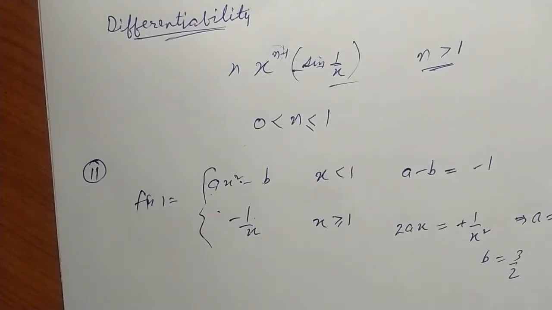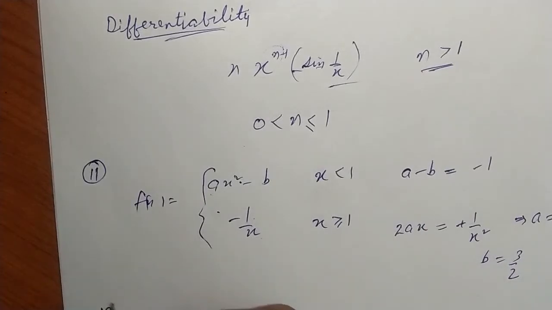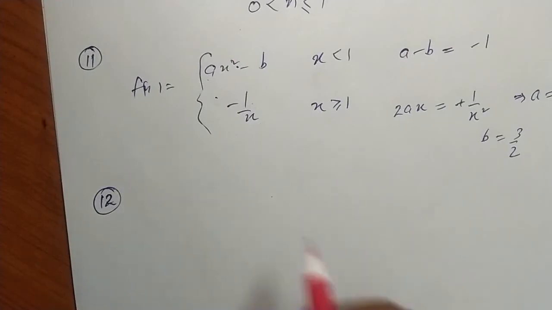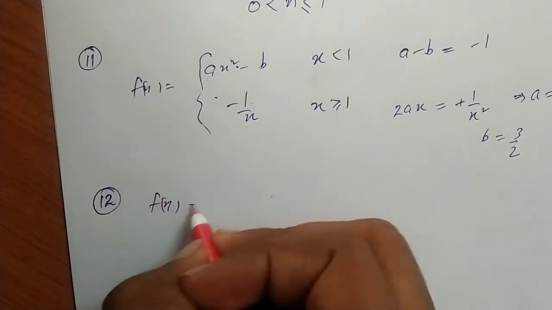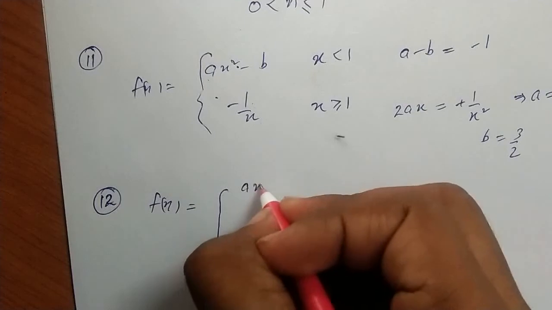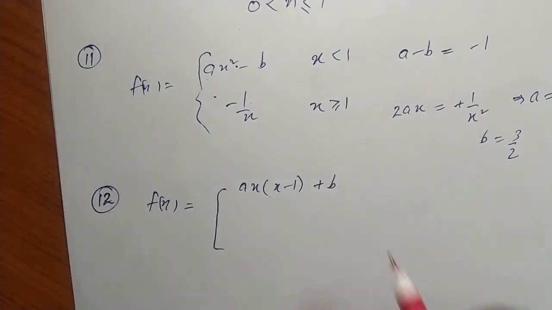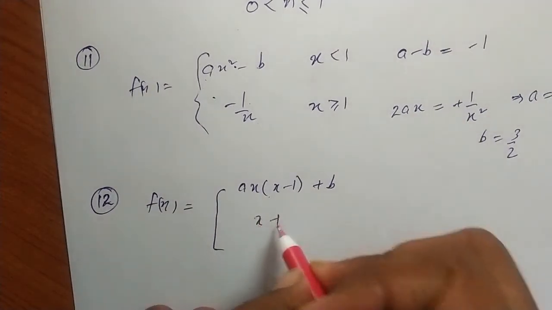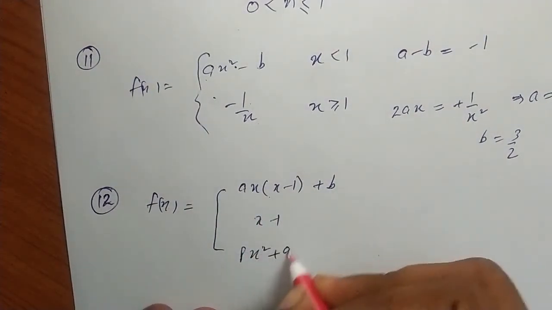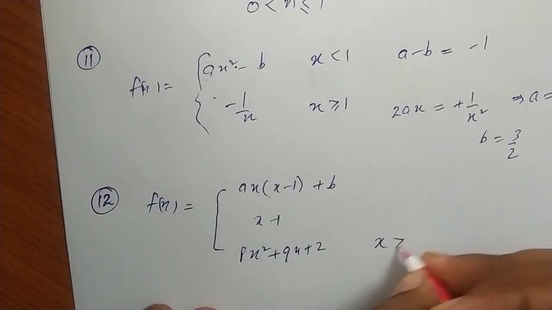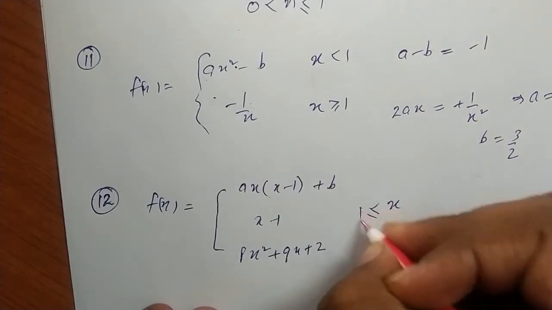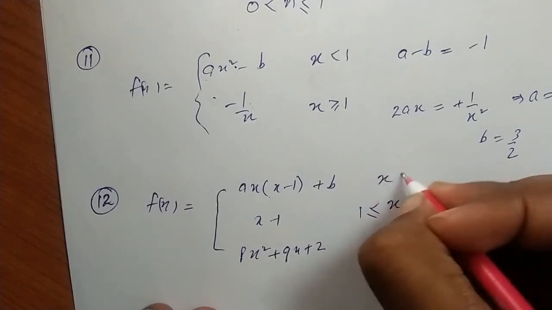Now moving to question number 12. Question number 12 says, we have given f(x) as ax into x minus 1 plus b, and x minus 1 and px square plus qx plus 2 when x is greater than 3, x is between 1 and 3, and when x is less than 1.